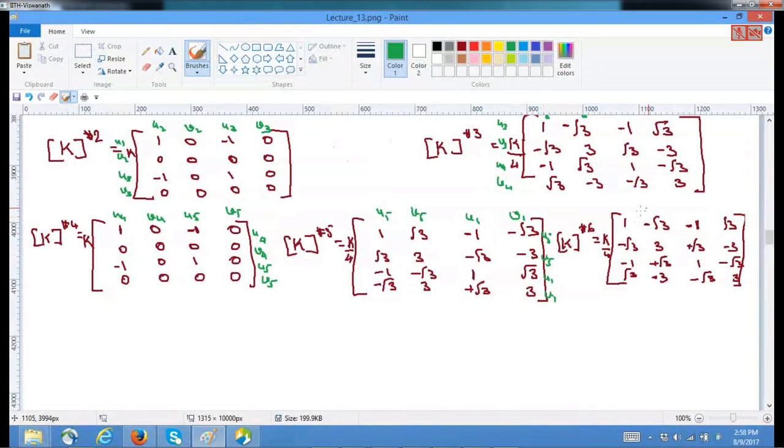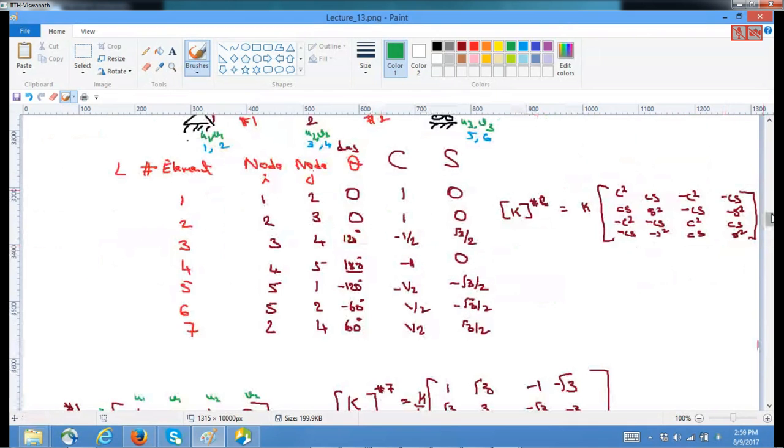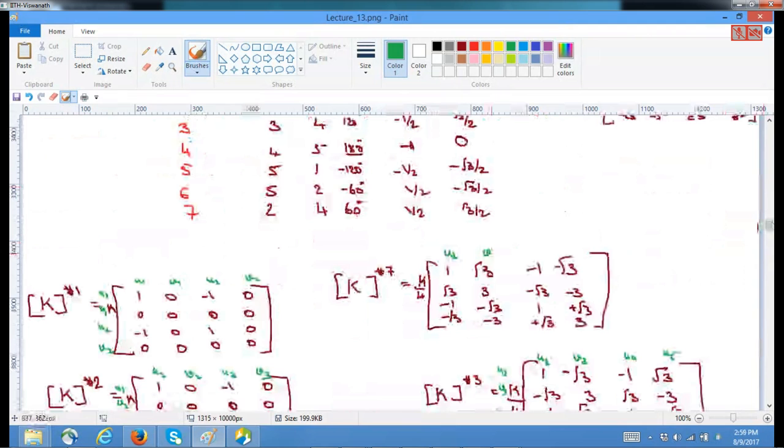Correspondingly, for this one, it is U5, V5, U2, V2, and the seventh one is between 2 and 4. So this is U2, V2, U4, V4.